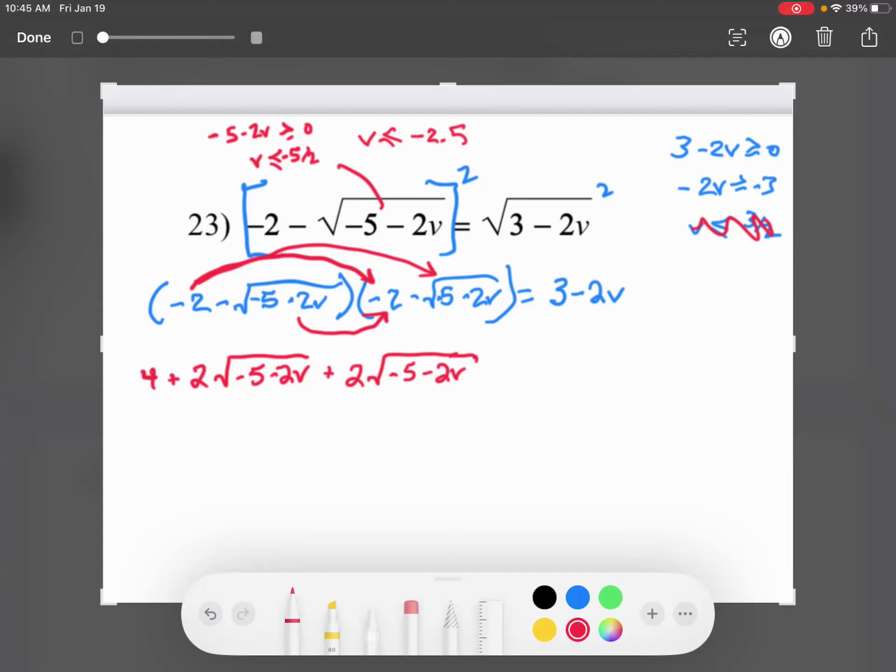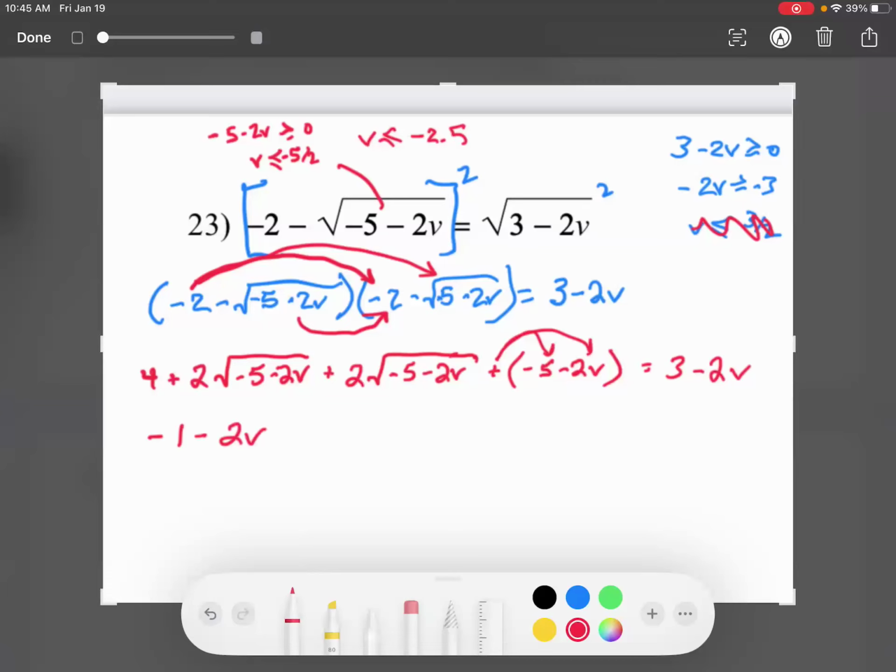And then plus, when you multiply those by themselves, you end up with -5 minus 2v. So -5 is going to be -1, because I'm going to distribute this basically.